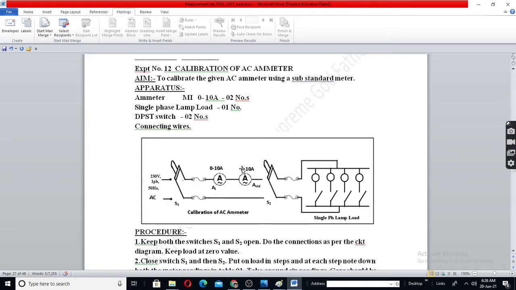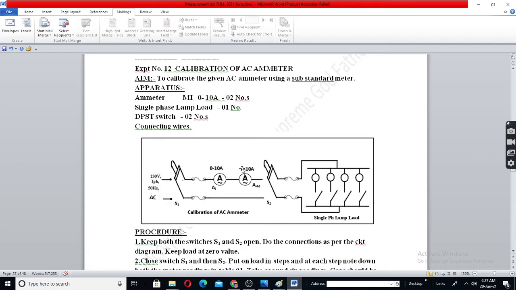And also, after the calibration, you try to reduce the error if there are proper adjustment facilities in the instrument. For example, zero error adjustment. Now, here we are limiting our experiment just to find error in an instrument.